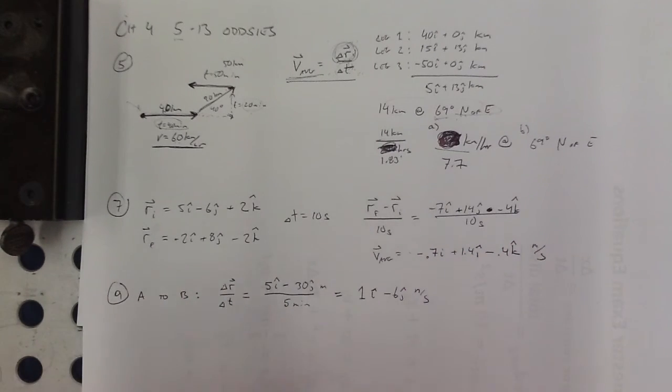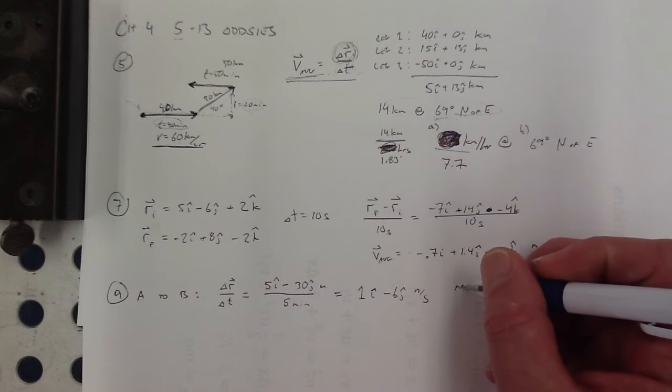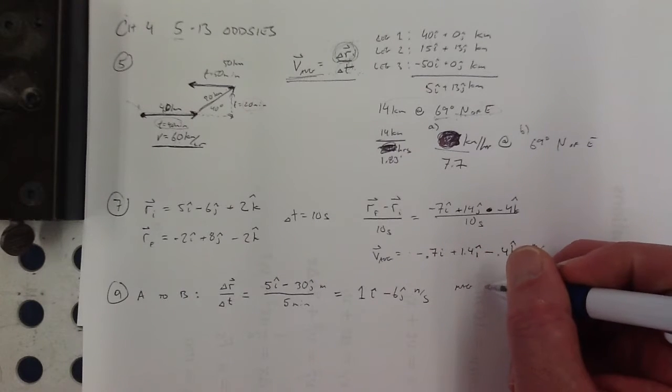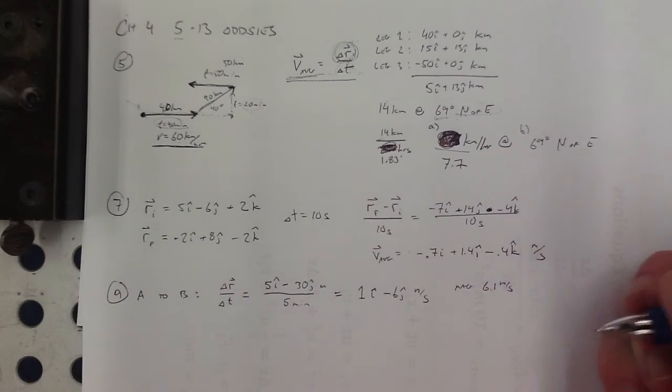And just going to find the magnitude and direction real quick here. So my magnitude is the square root of 37, which is about 6.1 meters per second.